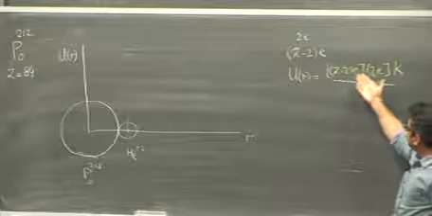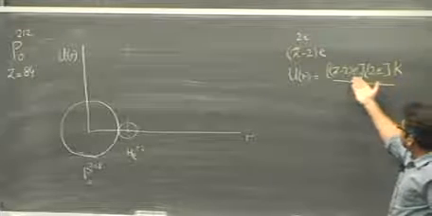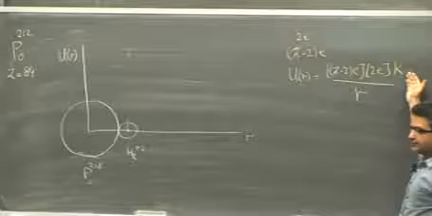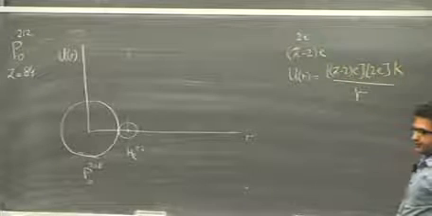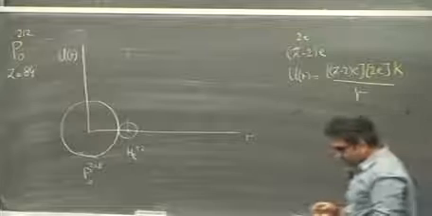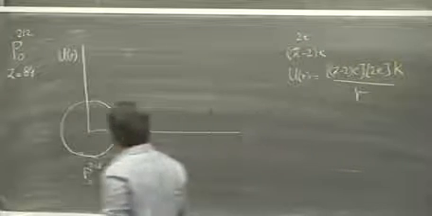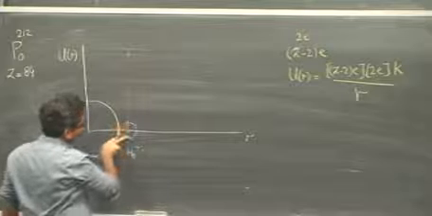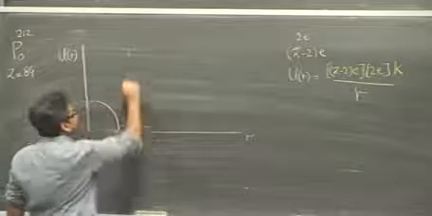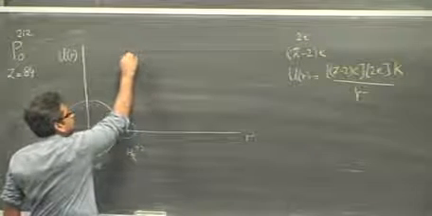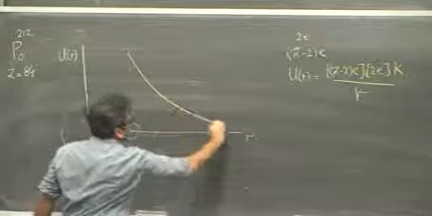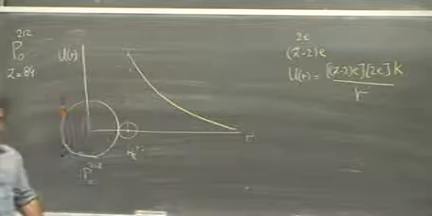This is the charge of the alpha particle times the charge of the rest of the nucleus times the Coulomb constant divided by R. So how does this function look? Right at this point, if this alpha particle moves away, then it would experience a 1 over R like potential.